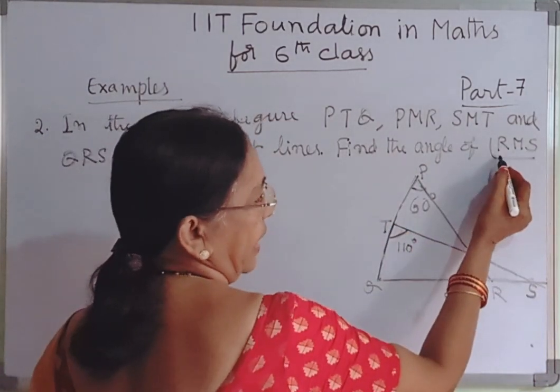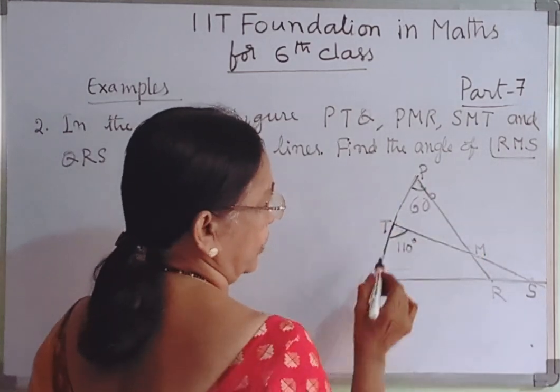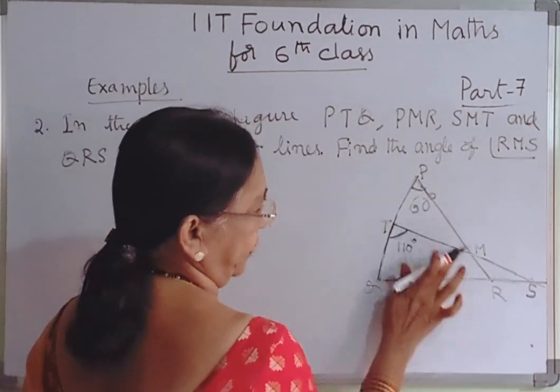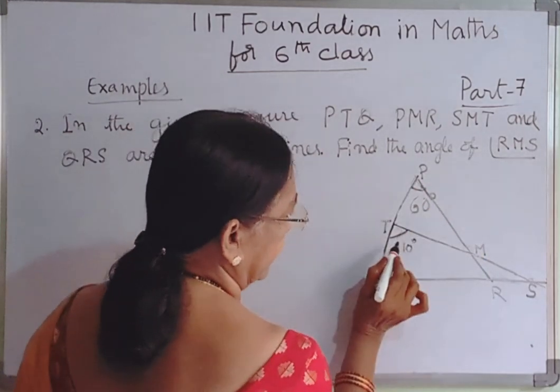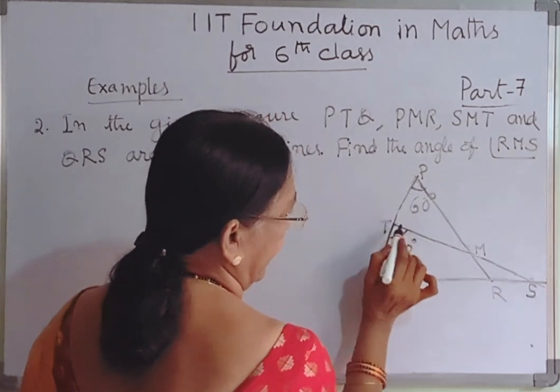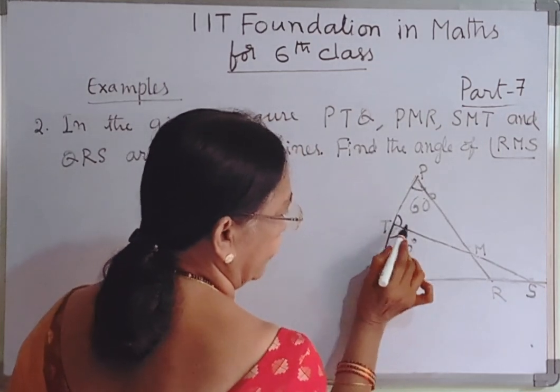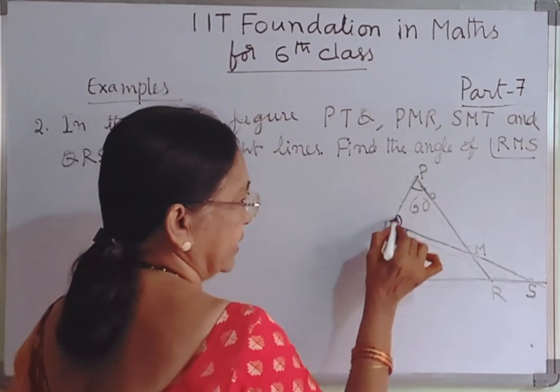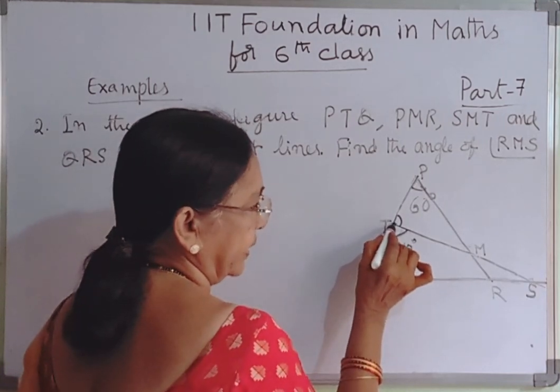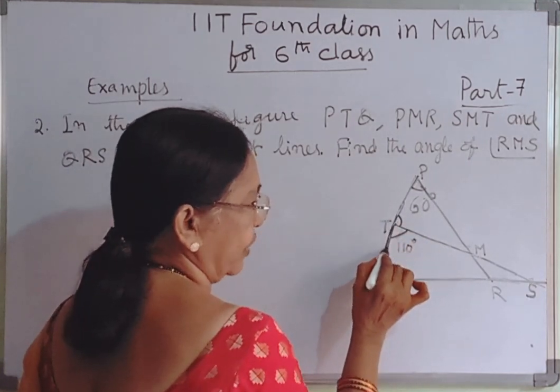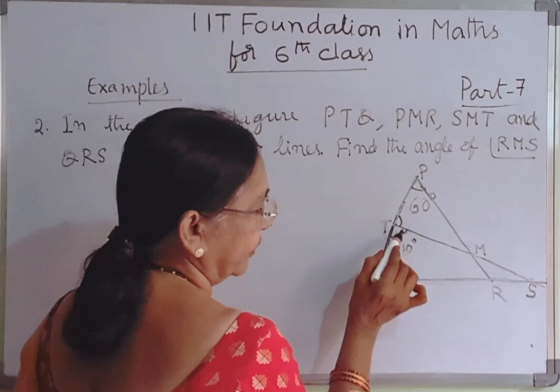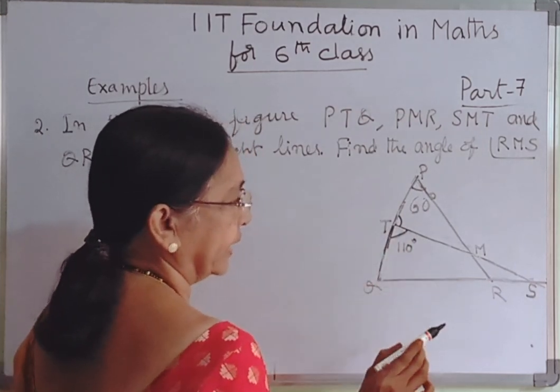Find the angle RMS. So here angle P, that is QPM is given, and here this angle and this angle form a linear pair. As this is a straight line, here at T, two rays are opposite to each other. Therefore, these two angles form a linear pair.